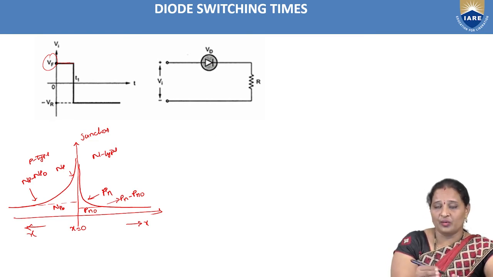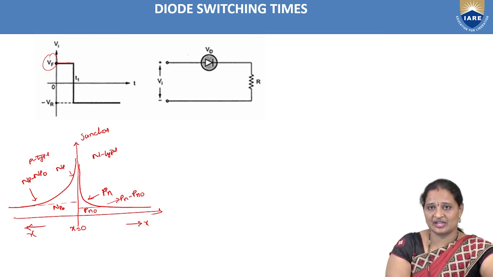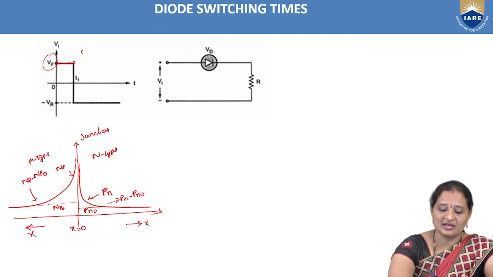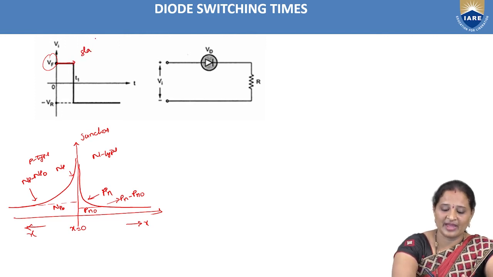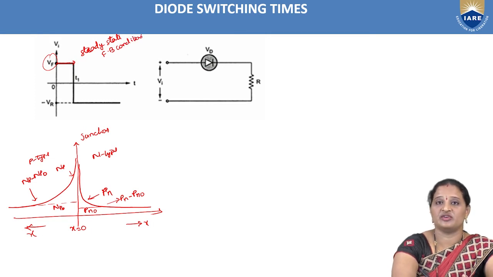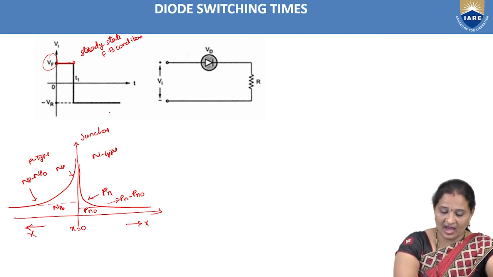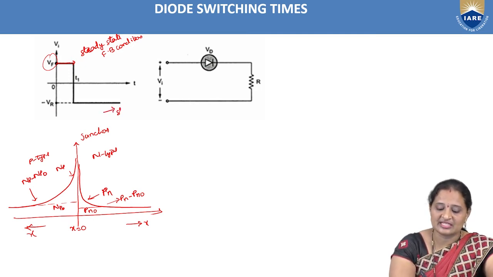So for going into the off state or reverse bias condition, at VF the diode is under steady state forward bias condition, when input voltage Vi is equal to plus Vf. And when input voltage Vi is equal to minus Vr, it has to reach steady state reverse bias condition.